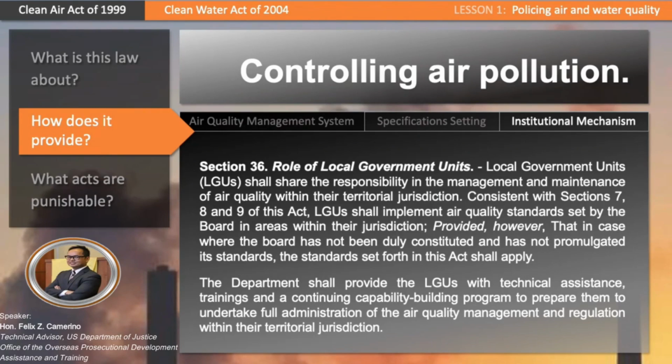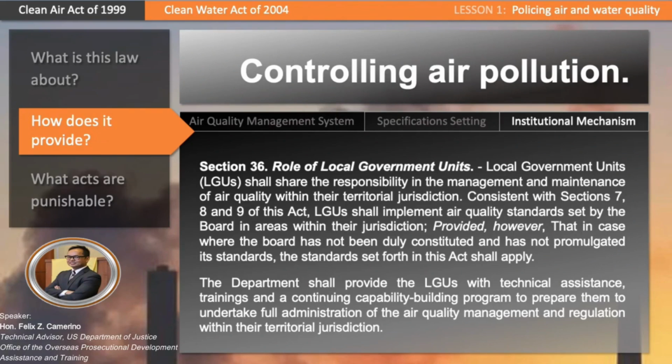If you look at the second paragraph, it says that the department, but of course they're referring to the DENR through EMB, shall provide the local government units with technical assistance, trainings, and a continuing capacity building program to prepare them to undertake full administration of the air quality management and regulation within their territorial jurisdiction.